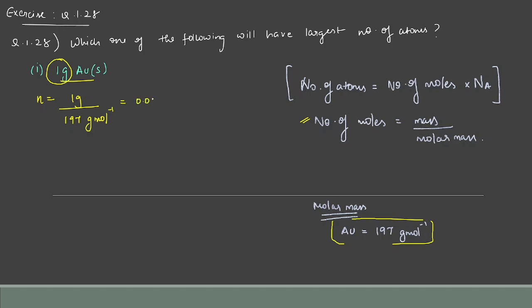But what should we find? Number of atoms. So use this formula: number of atoms is equal to number of moles into Avogadro number. So number of atoms in gold will be equal to the number of moles, that is 0.00507, into Avogadro number, that is 6.023 into 10 power 23.